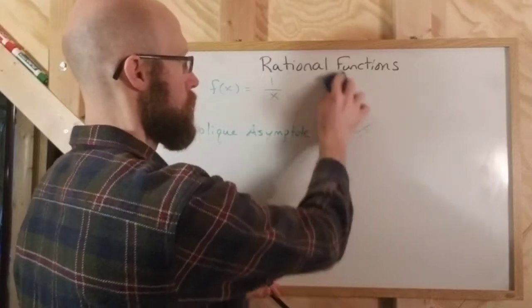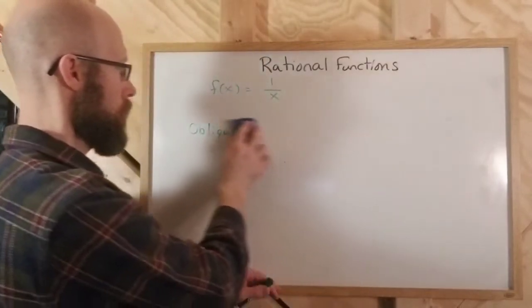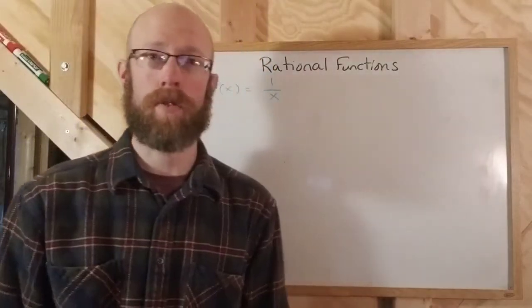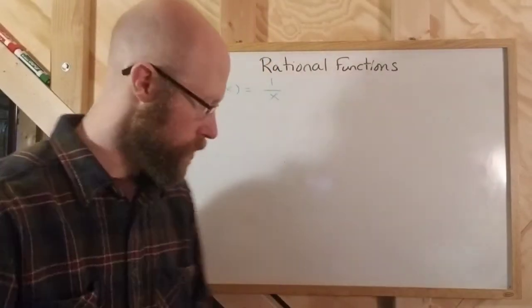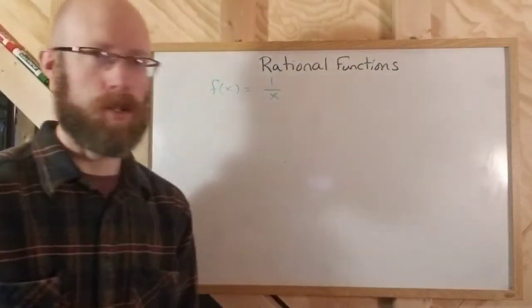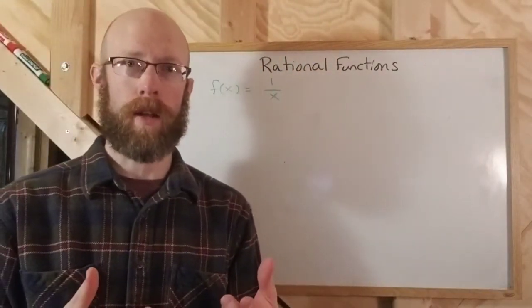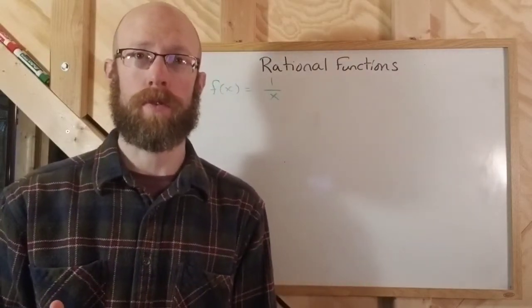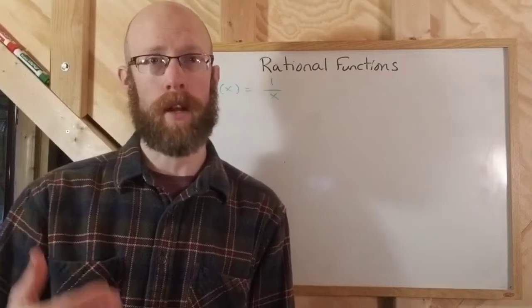Again, you can have multiple vertical asymptotes in the same function. For instance, if you had a function that has multiple zeros in the denominator that are not shared with the numerator. Remember, vertical asymptotes occur at zeros of the denominator only.